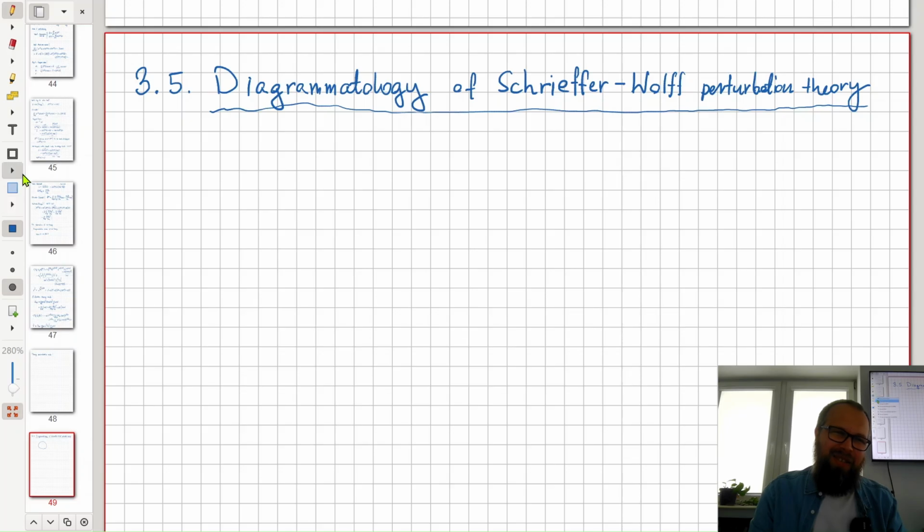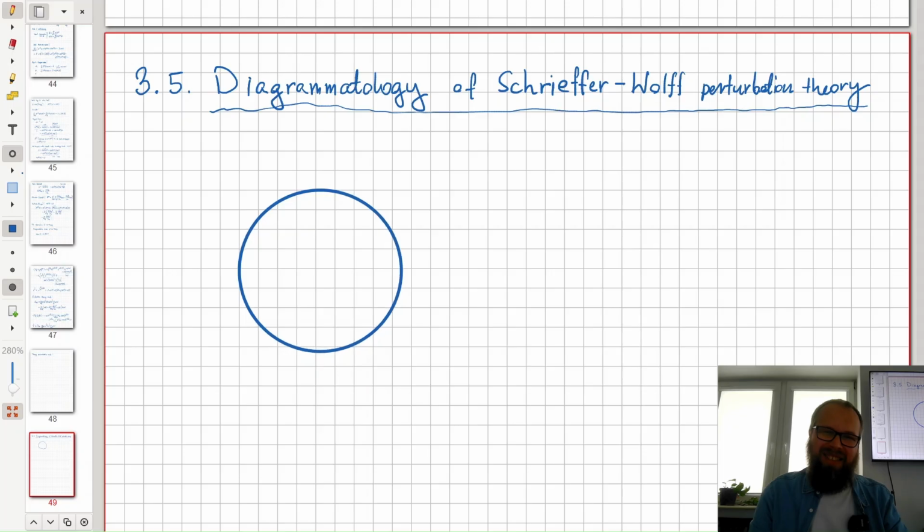I don't know if this program does stuff like this. Wow, yeah, perfect. I'm so talented. Now how to get out of the mode? Pencil maybe. Yeah, I just click again. So this is a sphere, not a circle. Okay, sphere, so I should make it 3D.